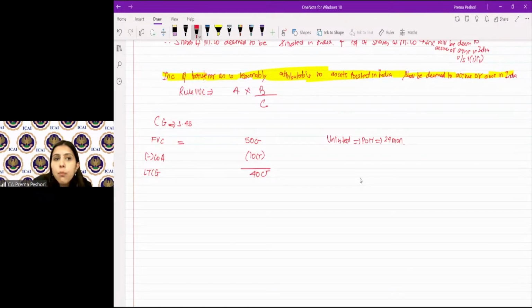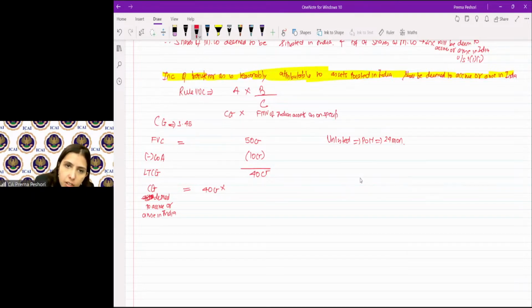Now this entire capital gain will not be taxable in India. So the capital gain deemed to accrue or arise in India is equal to 40 crores into, so A is the capital gain, into B is the FMV of Indian assets as on the specified date, divided by the FMV of the total assets of the foreign company as on the specified date.